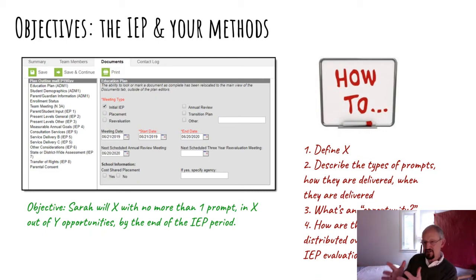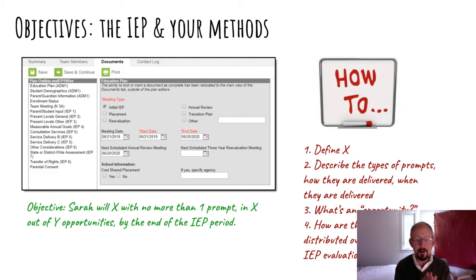Am I facing the child? Where am I grabbing the child? How long am I waiting before I give the next level of prompting in the hierarchy? Those are all methodological details that are not spelled out in the objective, but certainly need to be spelled out methodologically to develop consistency across staff.